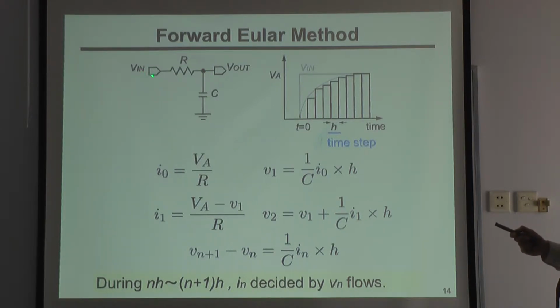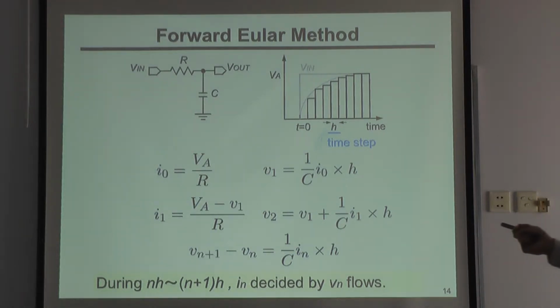So the current going from here to here is V_A over R. So the V1 after h, V1 meaning the output voltage at this time, is 1 over C times I0 times h. And once we have V1, I1 is calculated as this, and by using this one, we can calculate V2.